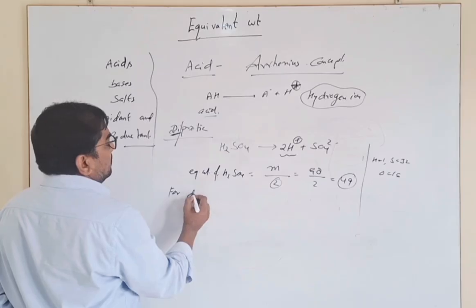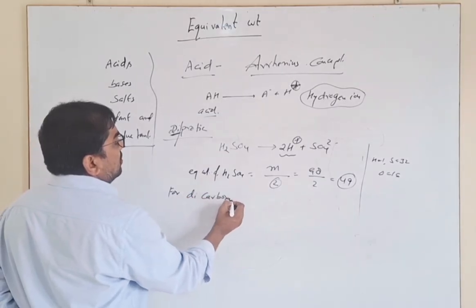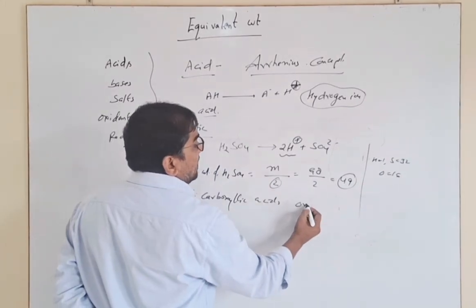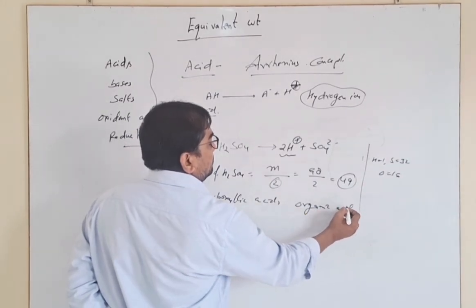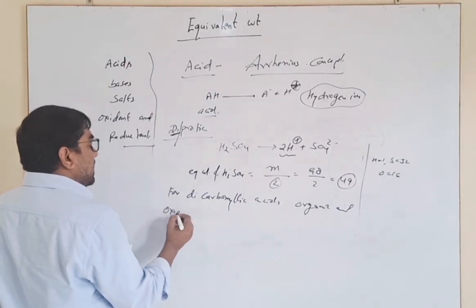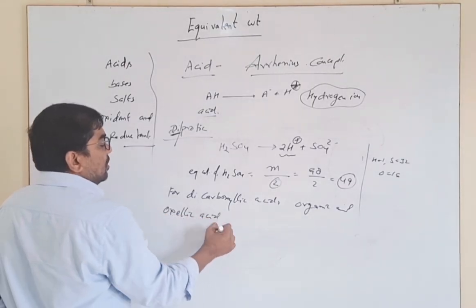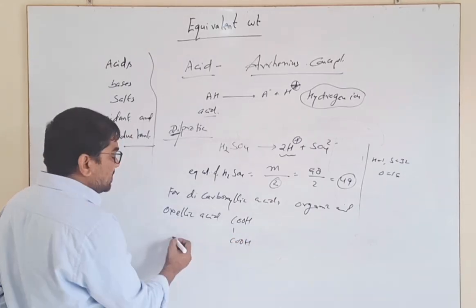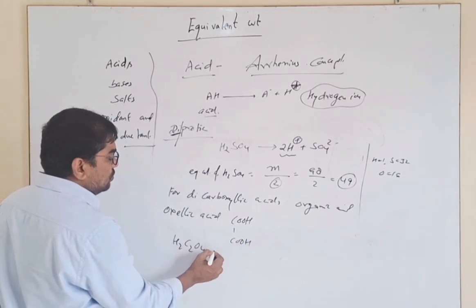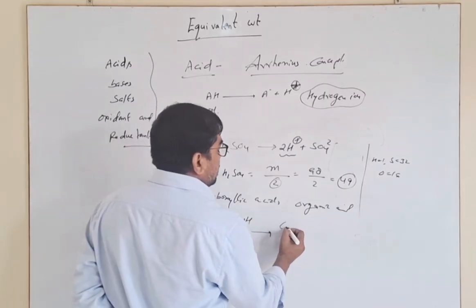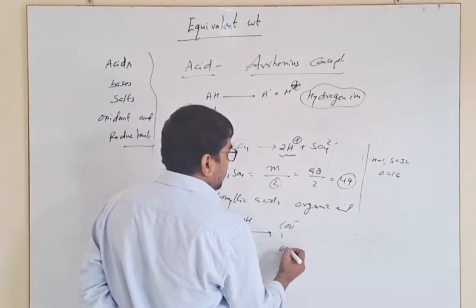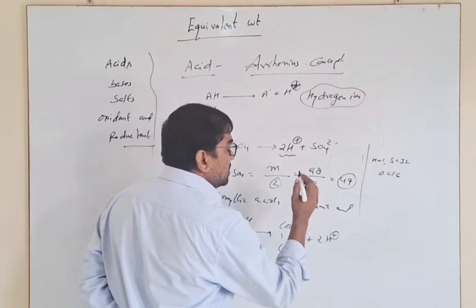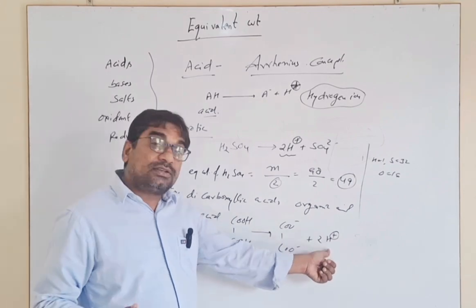For dicarboxylic acids, which are organic acids like oxalic acid, oxalic acid is COOH single bond COOH. This is oxalic acid, molecular formula H2C2O4. Here dissociation takes place giving oxalate ion along with elimination of two protons, two hydrogen ions, in its solution.